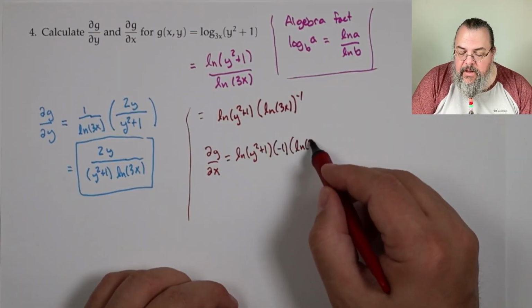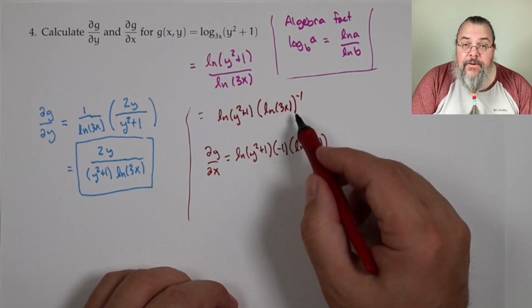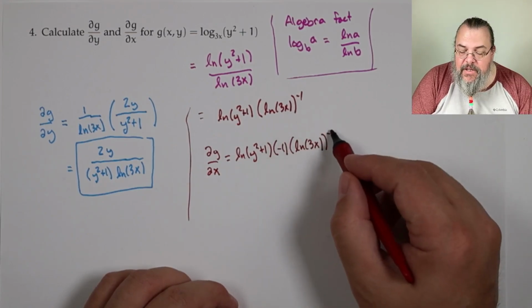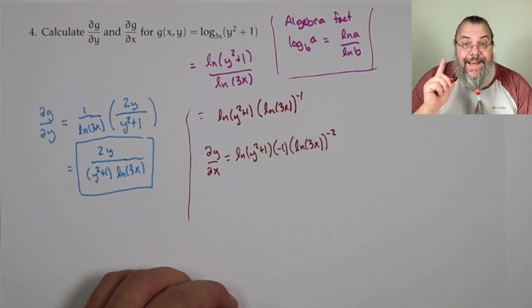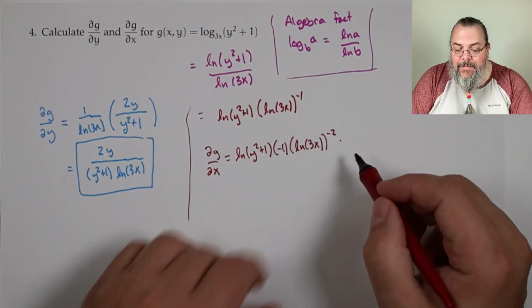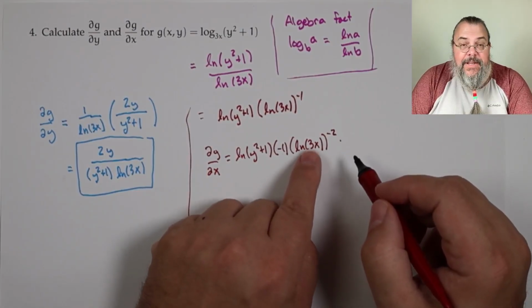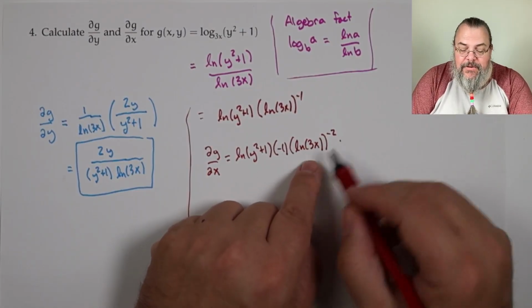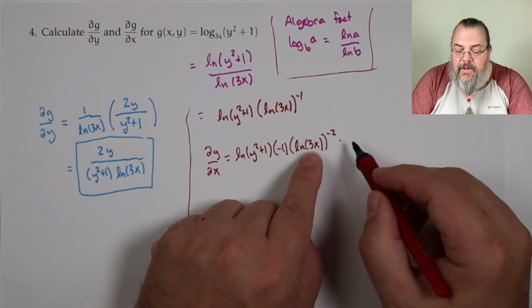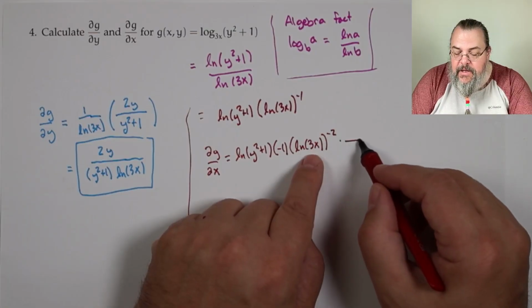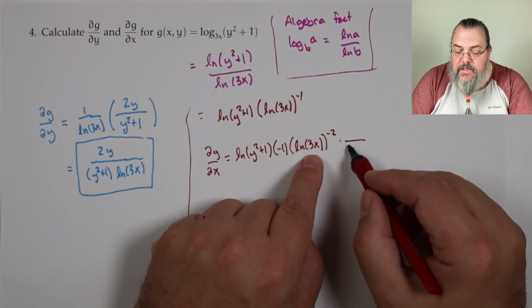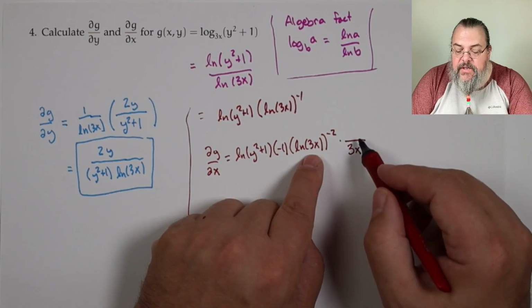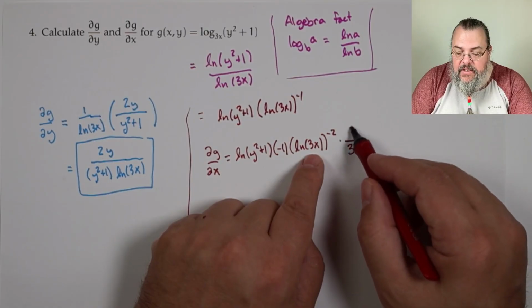Then we're going to raise this now not to the negative 1, but to the negative 2. And then we keep going, times the derivative of the inside. All right, so we took the derivative of the outside, leave the inside alone. Derivative of the inside, okay, log of 3x, so it's a fraction. 3x goes downstairs, and the derivative of 3x goes upstairs.